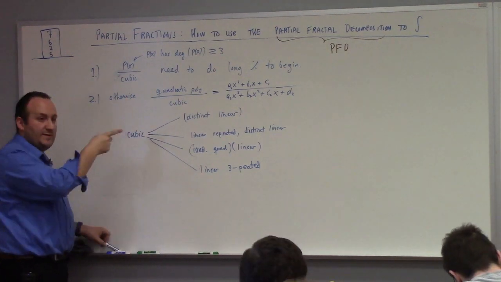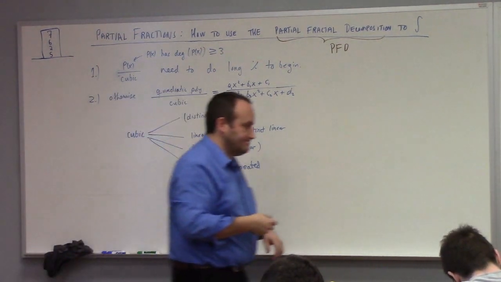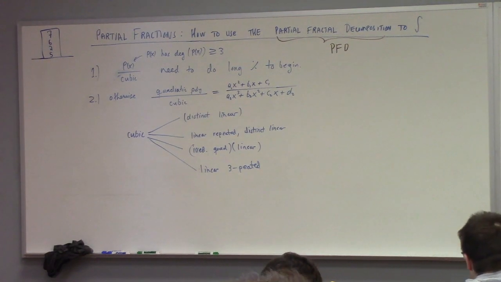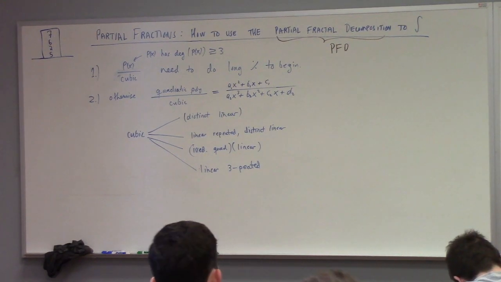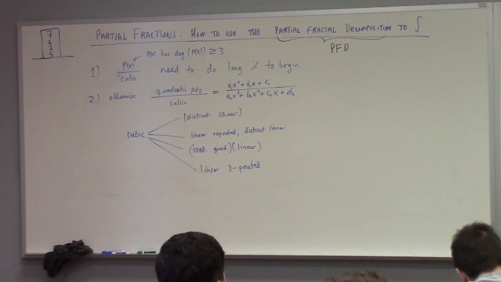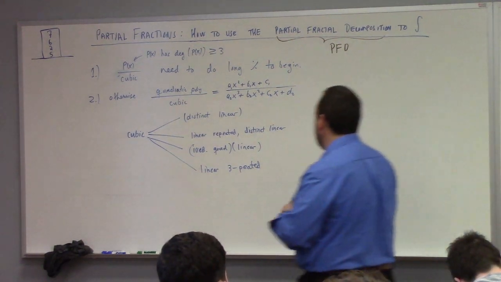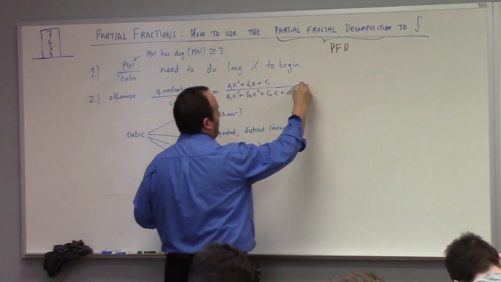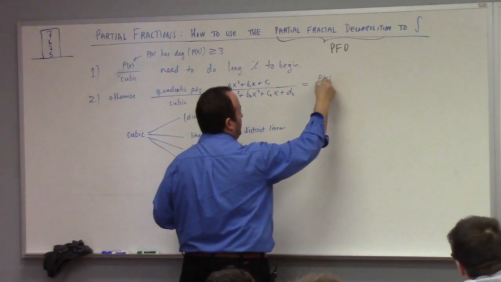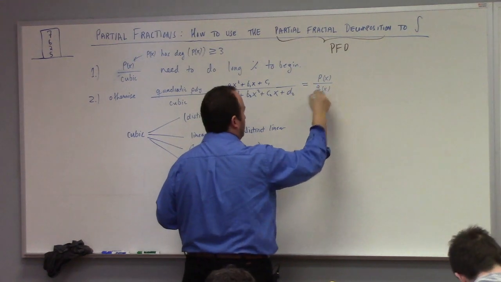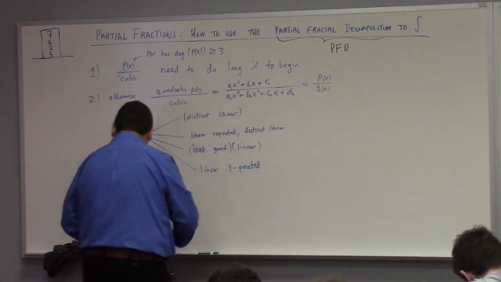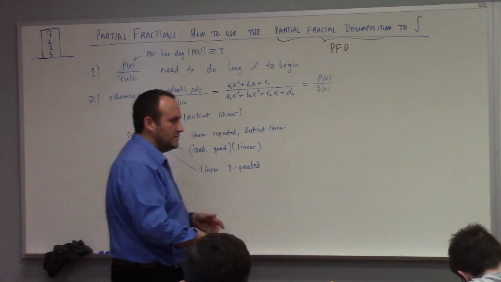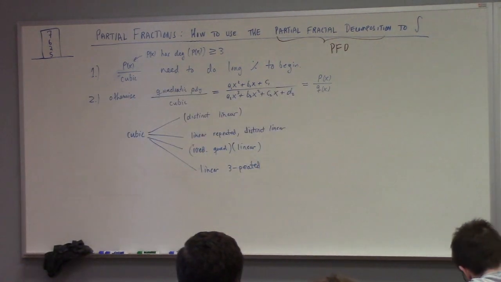Maybe not. Let me give examples of each case. So, case one, distinct linear. Let me continue using the notation P of x over Q of x, if you don't mind. I was trying to find a different color.